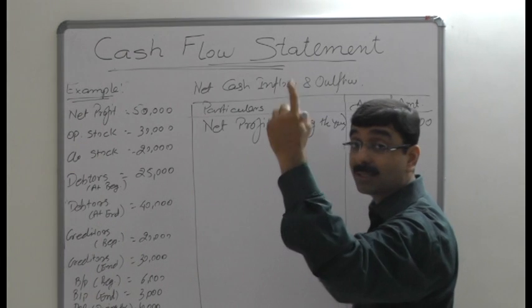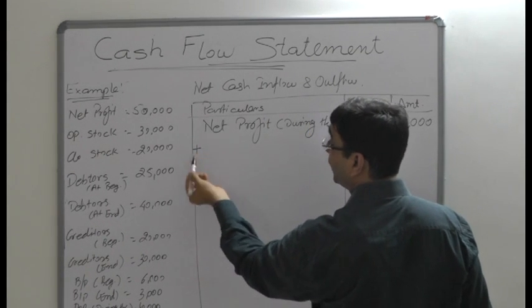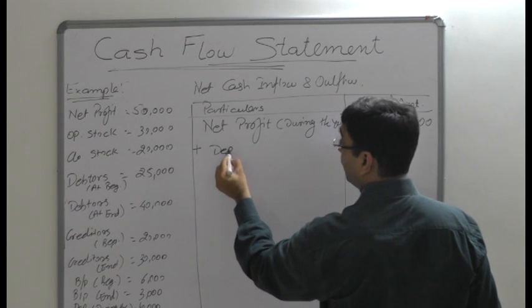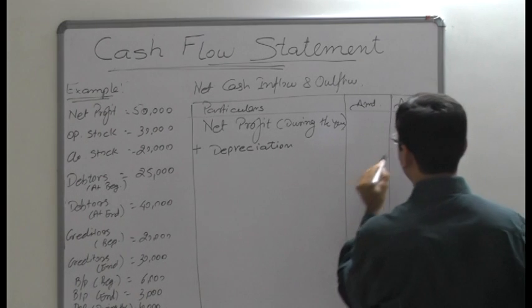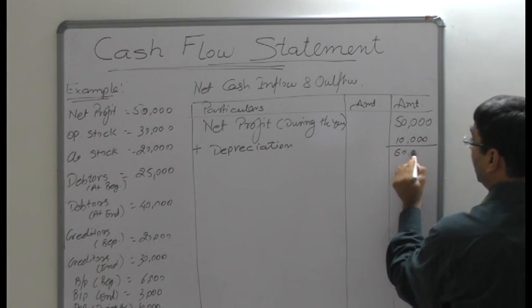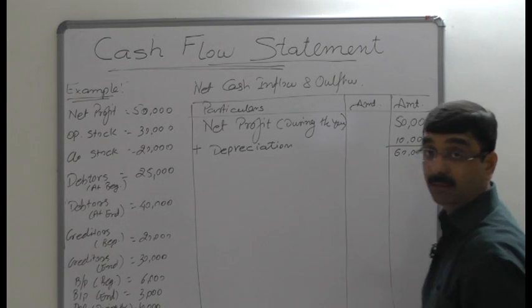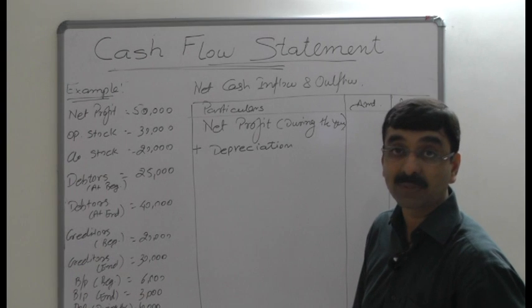As we discussed earlier, any non-cash items are always added back into the profit. So the depreciation of 10,000 rupees is added back. After the operational activity, the net cash inflow is 60,000 rupees.